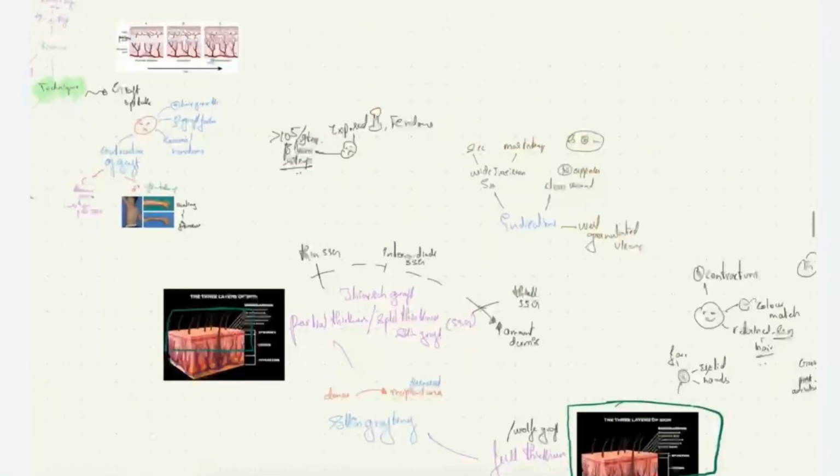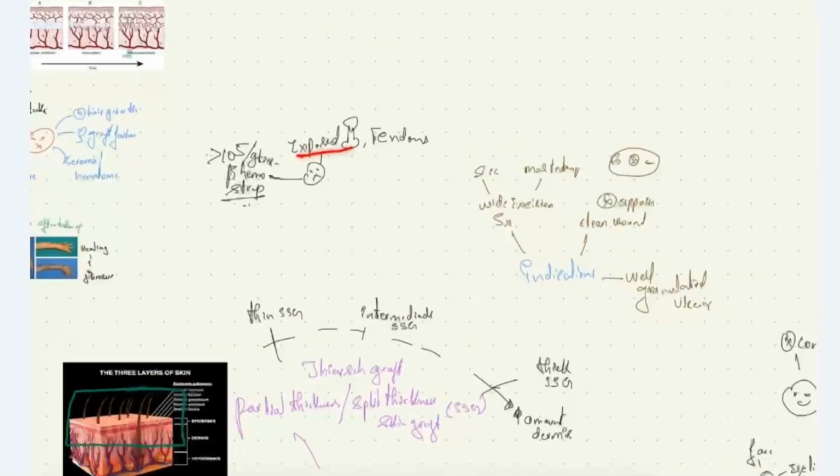Now, what are the prerequisites for skin grafting? As I already told, we should have well granulated tissue. Along with that, if we have exposed bones, tendons, and joints, we can't do split thickness skin grafting in those patients.